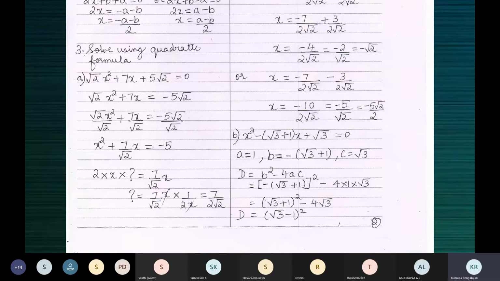To show it and to write it as a perfect square, you must split 4 as 3 plus 1. Do it in your book, all of you children. D is equal to 4 minus 2 root 3. On expanding and subtracting 4 root 3, we get D equal to 4 minus 2 root 3.